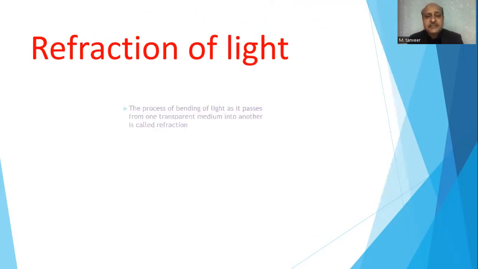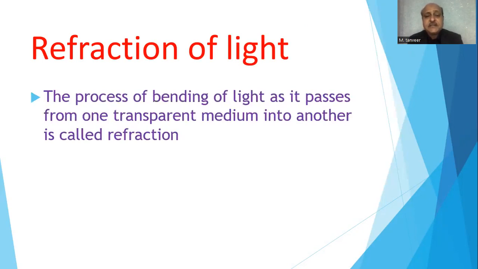So refraction of light, the process of bending of light as it passes from one transparent medium into another, is called refraction. When rays of light enter from one medium to another medium, these rays of light will change their path. But in reflection, rays of light do not enter from one medium to another medium.